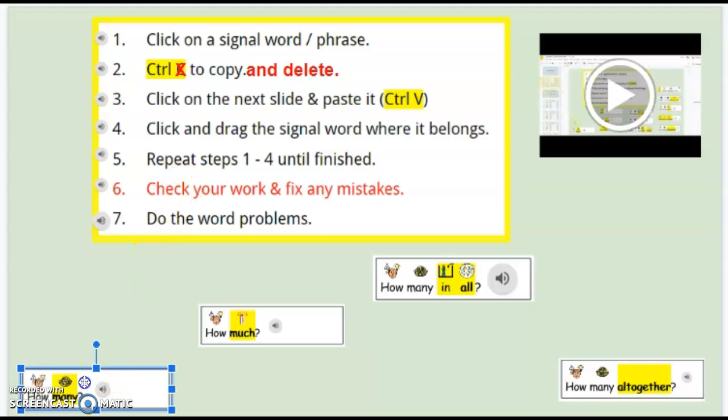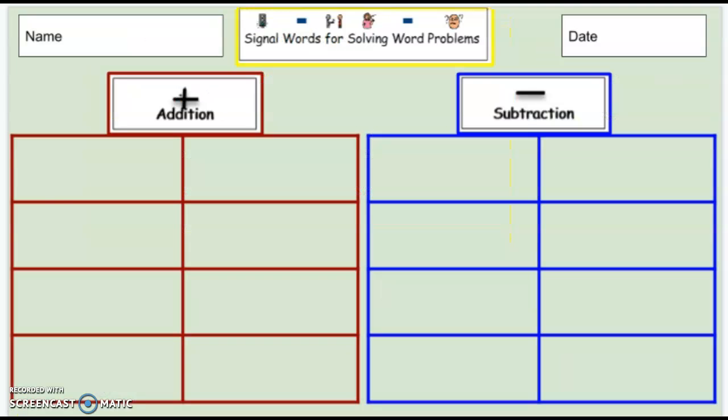I click on my signal word and I press Control C to copy and delete. Then I go to the next page, Control V, and I can drag up to the first column of addition.